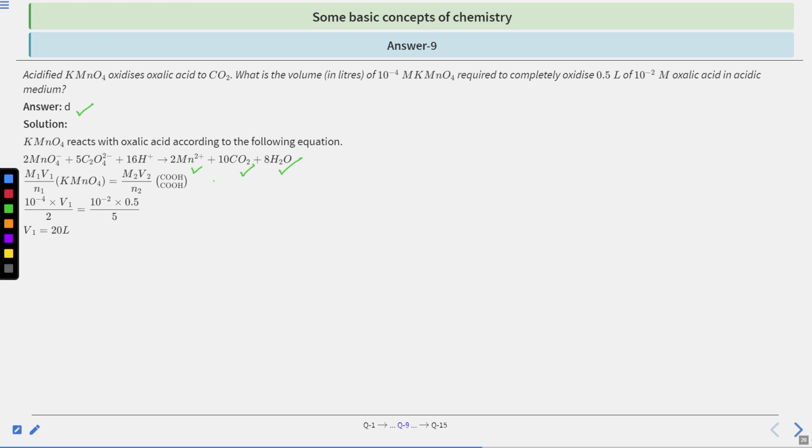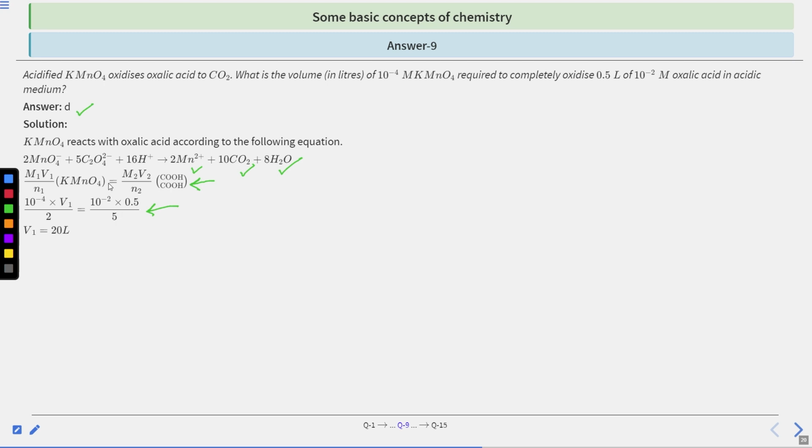So by using this balanced equation, M1V1 upon n1 of KMnO4 will be equal to M2V2 upon n2 of oxalic acid, right? Putting the values of M1, V1, M2, V2, n1 and n2, we get this equation: 10 to the power minus 4 multiplied by V1 upon 2 will be equal to 10 to the power minus 2 multiplied by 0.5 divided by 5.